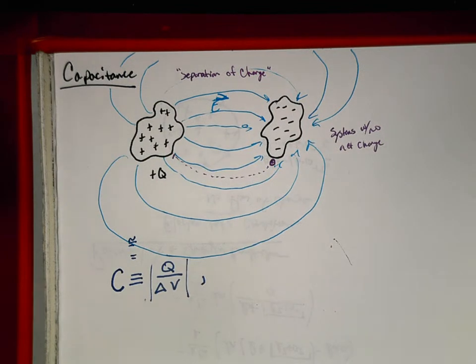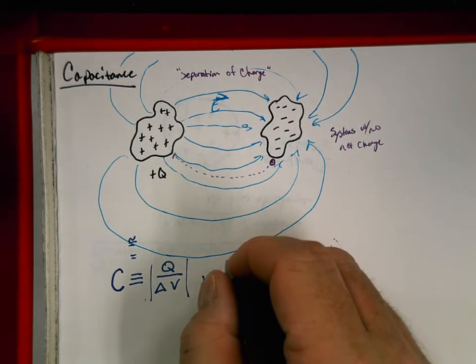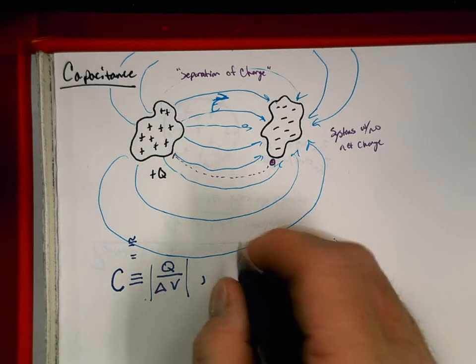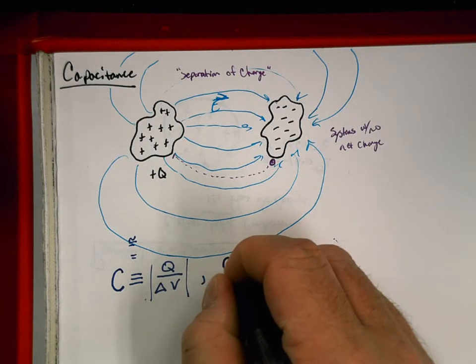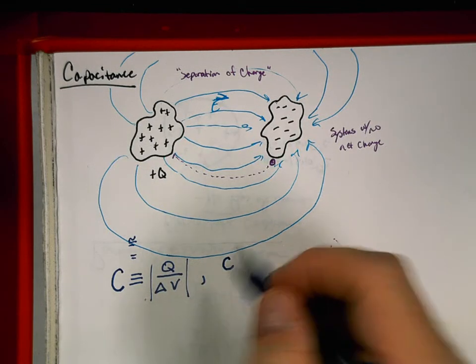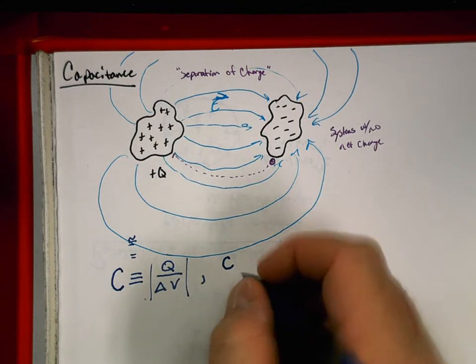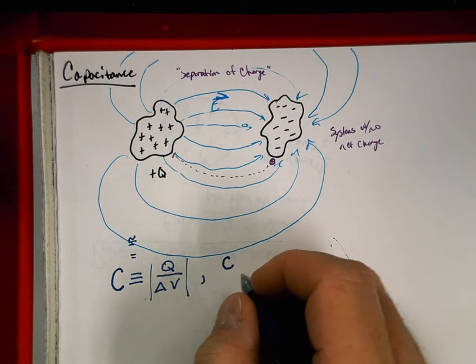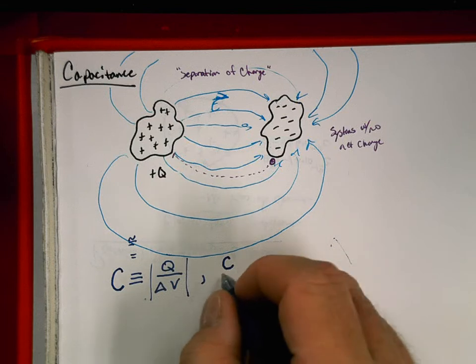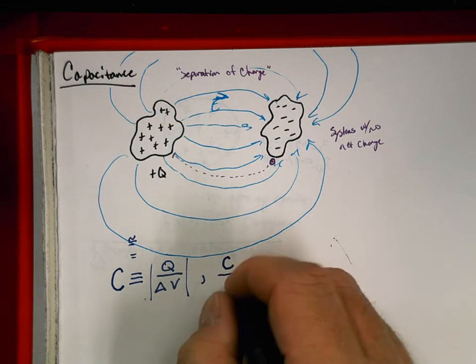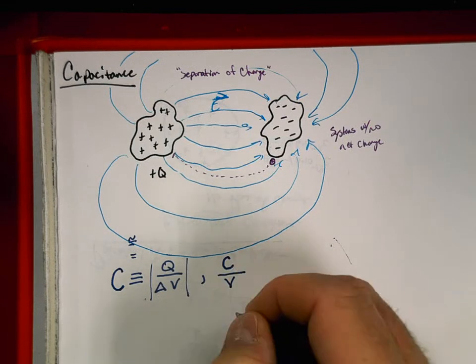The units for this, we have a new unit that we need to remember. Our unit for charge is coulomb. Uh-oh, hope you guys may see a future pitfall here. Our unit of voltage is the volt.